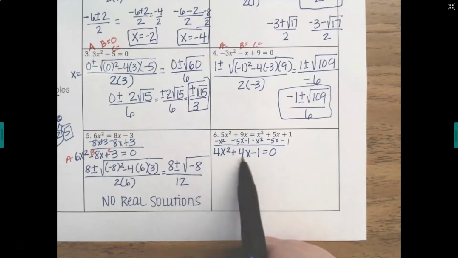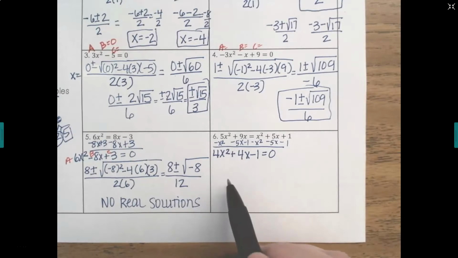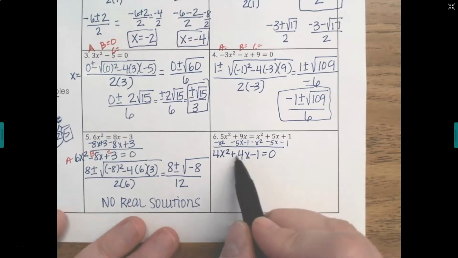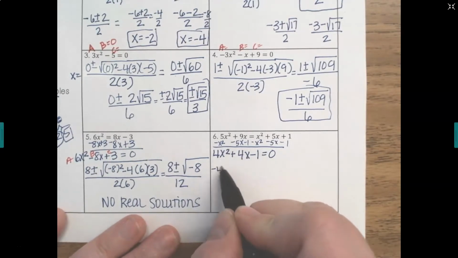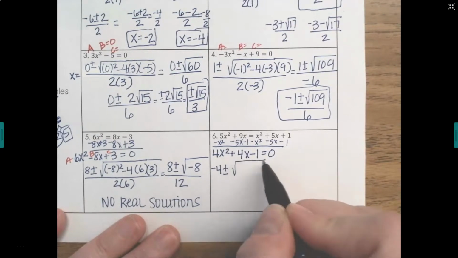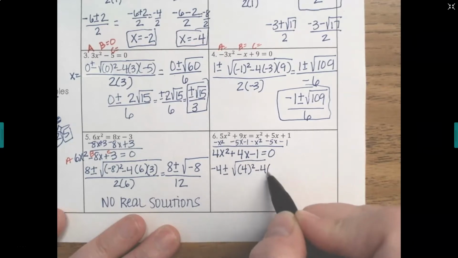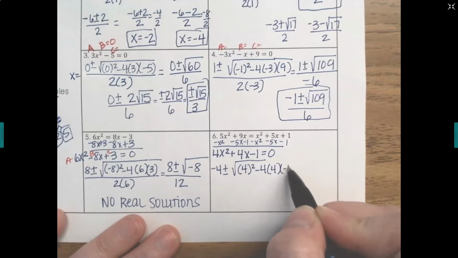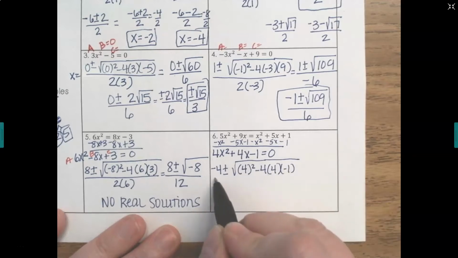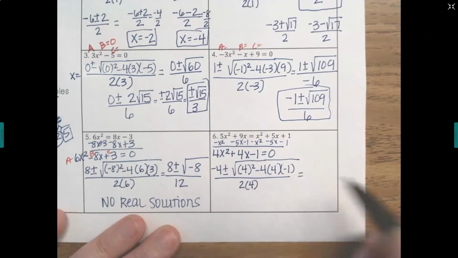So we have our A and our B and our C, and let's go ahead and plug them in. Our formula says negative B, so that's a positive 4, so negative B would be negative 4, plus or minus the square root of B squared minus 4 times A times C, and the whole thing gets divided by 2 times A.